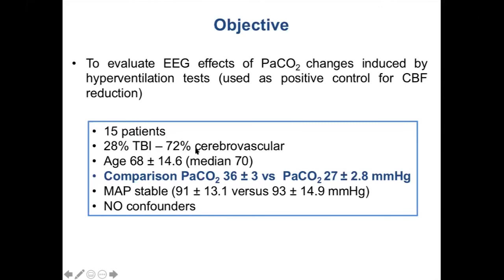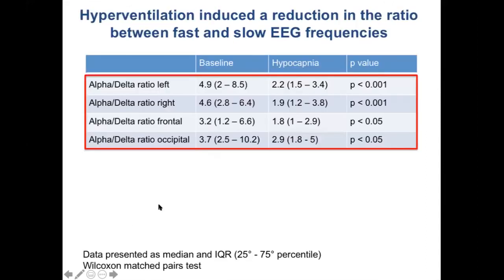15 patients, mostly vascular, this is age. We changed CO2 from 36 mmHg to 27, keeping other variables stable. And we have shown that baseline 36, hypocapnia 27, there is a huge and consistent reduction in the AD ratio.